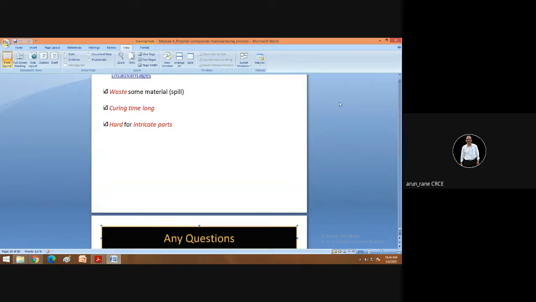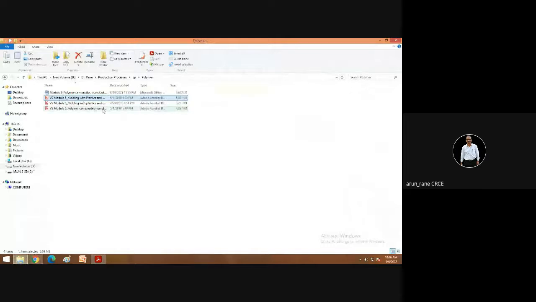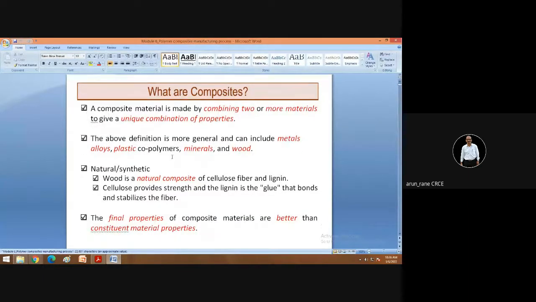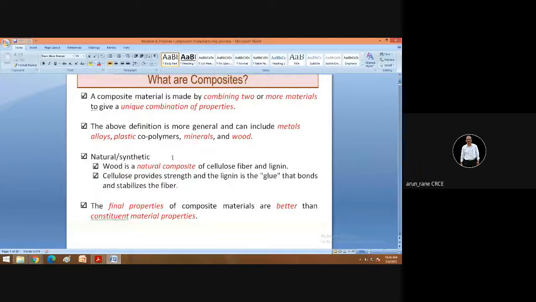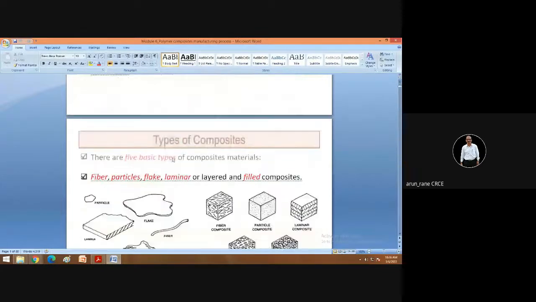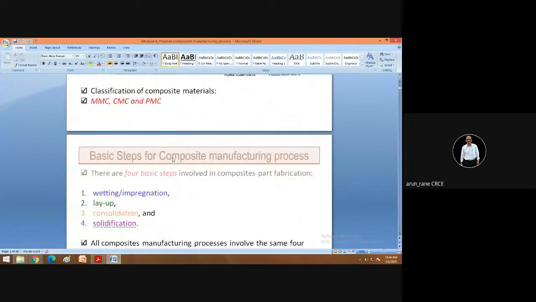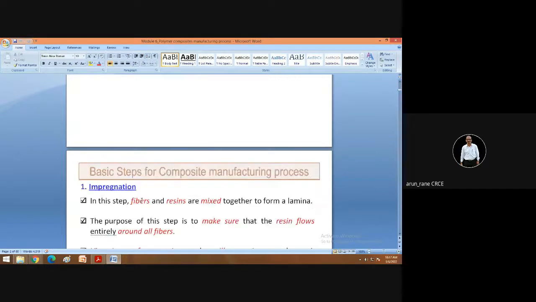So not very important from your examination point of view, this composites. However, I will upload it. If you wish, you can go through it. So only the first 2-3 slides are important. That is, what are composites and types of composites, and what are the steps for composite manufacturing process, that is wetting, layup, consolidation, solidification.